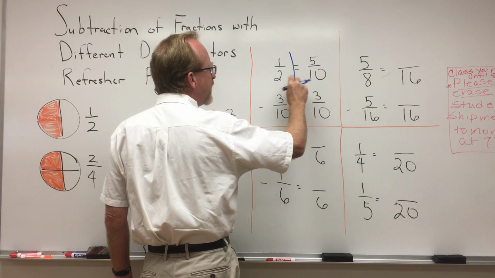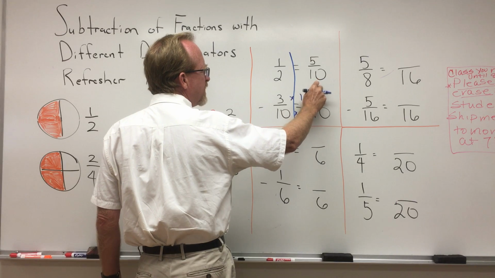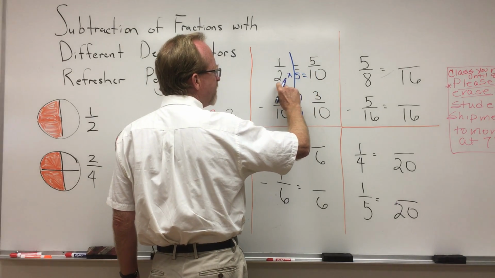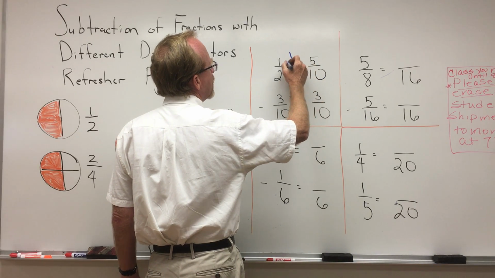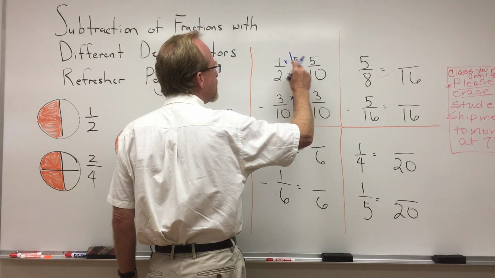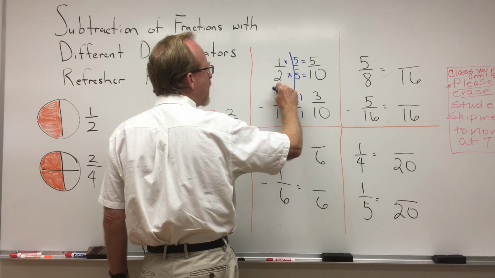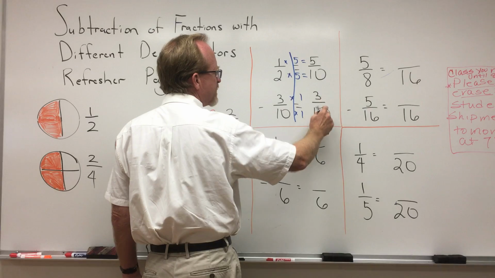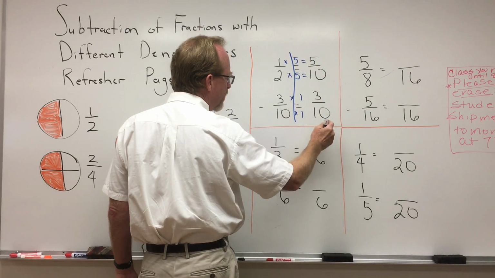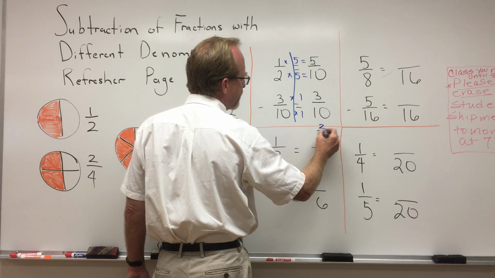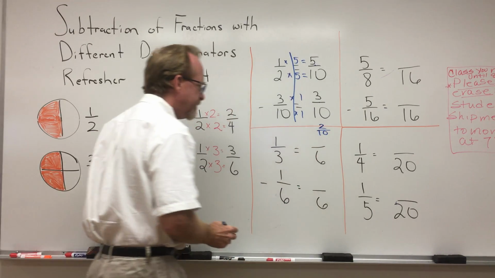But here, they changed that 2 to a 10. They changed the denominator to a 10 by multiplying it by 5. All you have to do is make sure if you do it to the bottom, you do it to the top. And so that gives me 5/10. 1/2 is equal to 5/10. And now, it's totally okay to subtract. 5/10 minus 3/10 is 2/10.